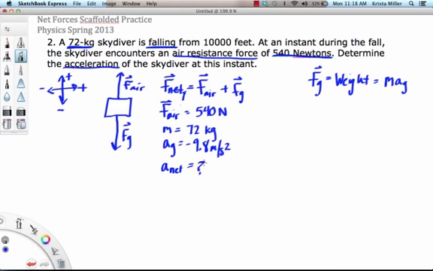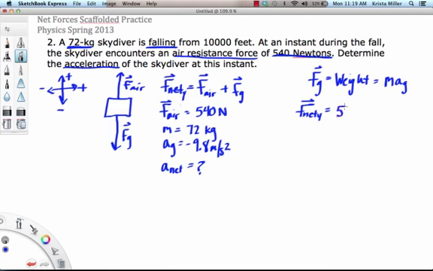The problem is we can't find a net acceleration without knowing the net force. So we need the F net in the y direction, right? That's going to be the force of air resistance, which is 540 newtons, plus the force of gravity.